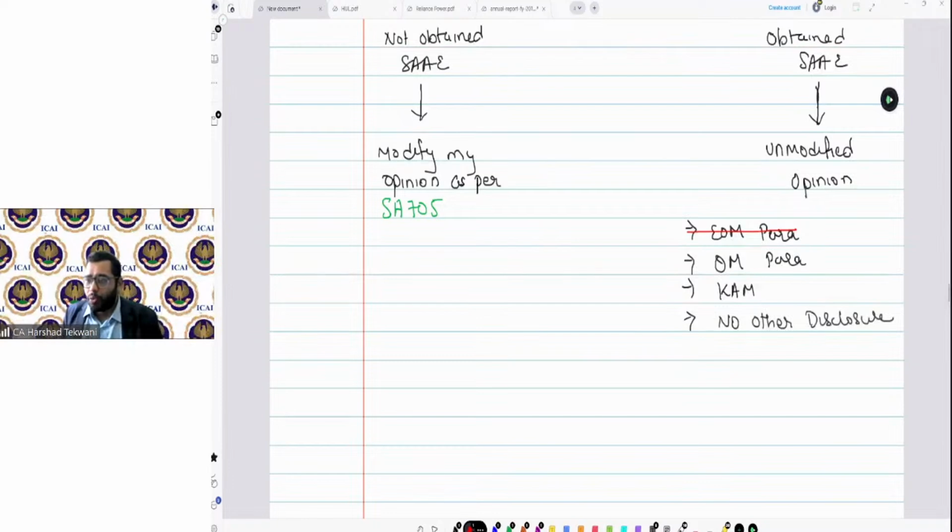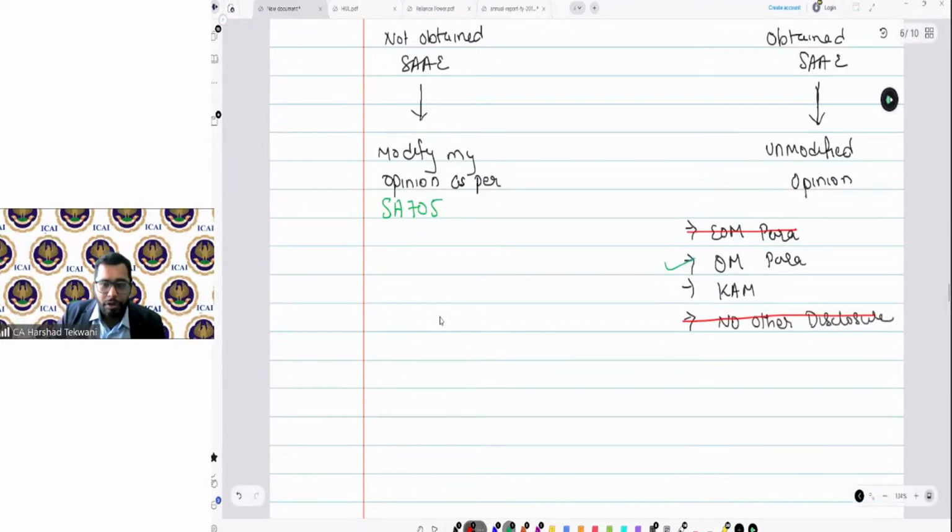So I need to include that one line in my other matter paragraph, because this is related to my audit procedures, auditor's responsibility, and audit report. So no other disclosure. Again, I will be including an OM paragraph.